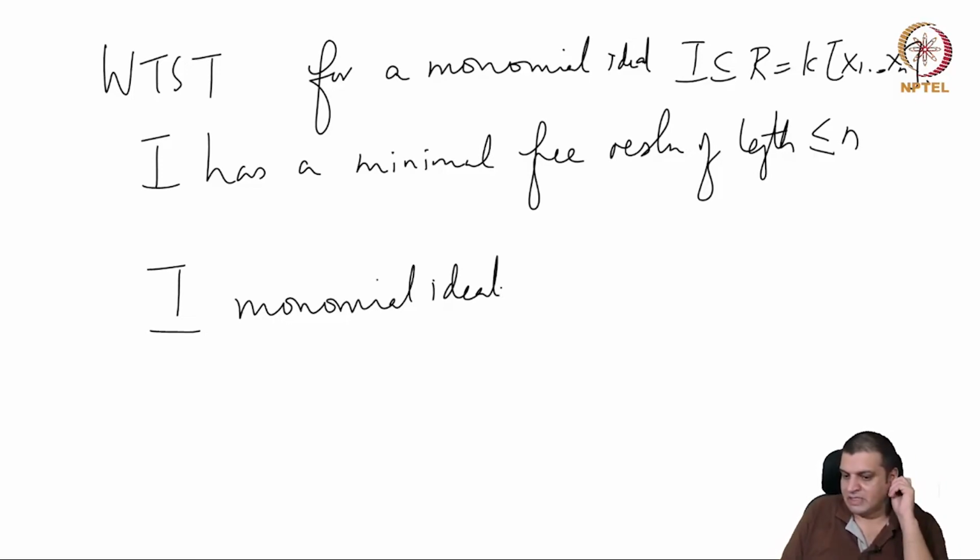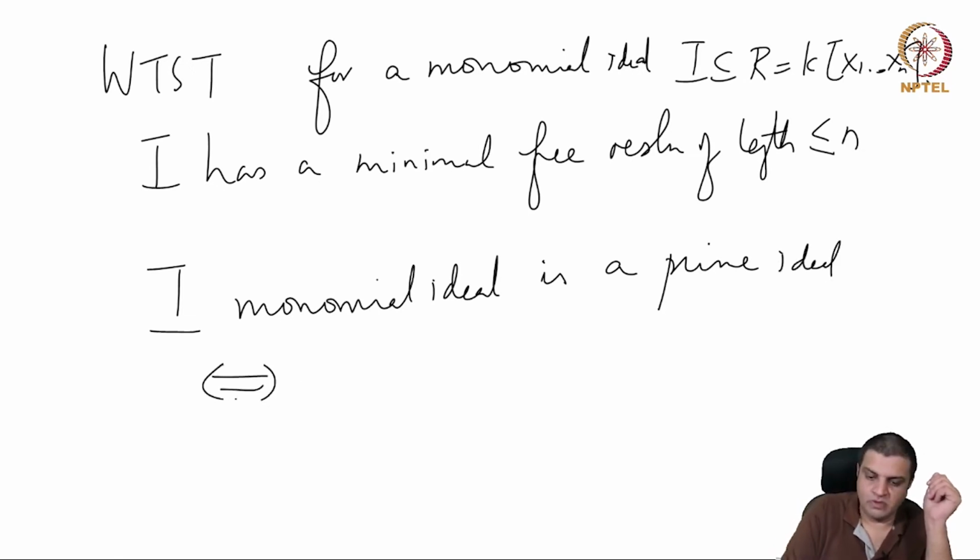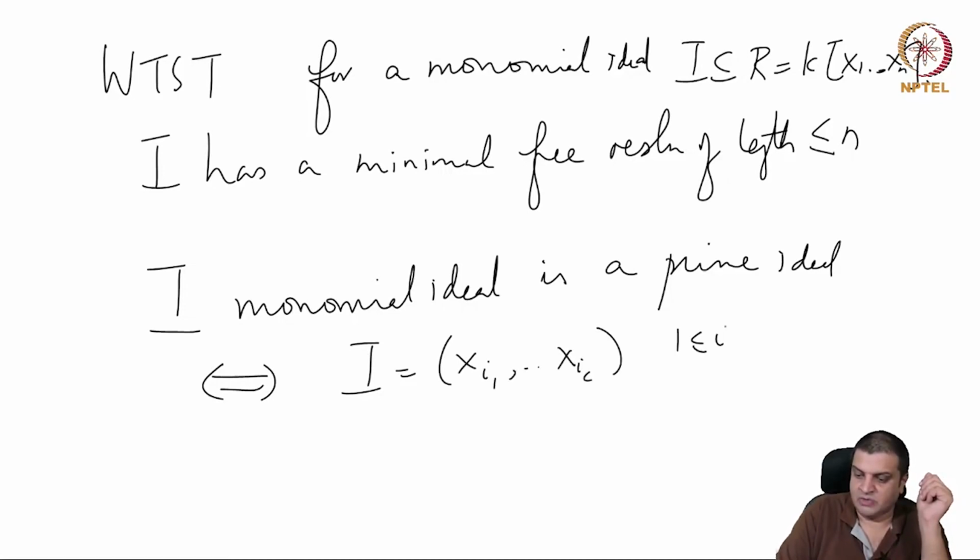Well, if a minimal generating set involves a monomial of degree at least 2, then it cannot be prime, because it would be something of the form x_i x_j, and in that case either x_i or x_j has to be inside I. So I is a prime ideal if and only if I is generated by something of the form x_{i1} through x_{ic}, with 1 less than or equal to i1 less than ... less than i_c less than or equal to n.